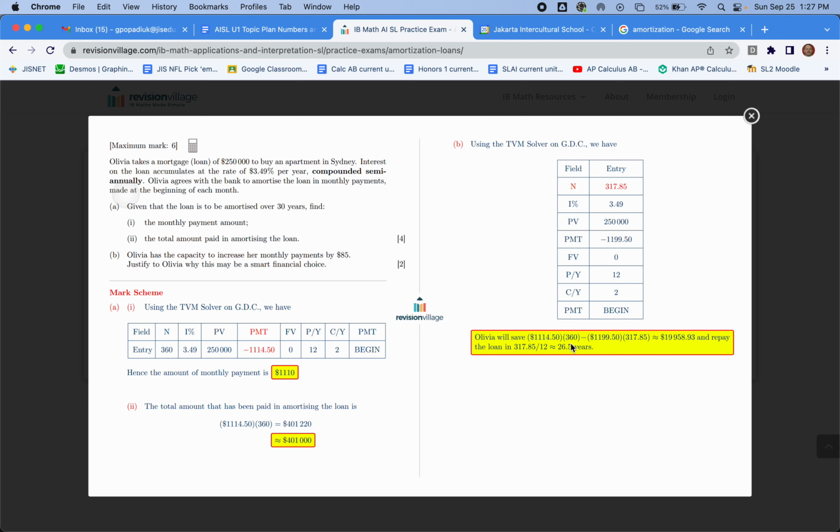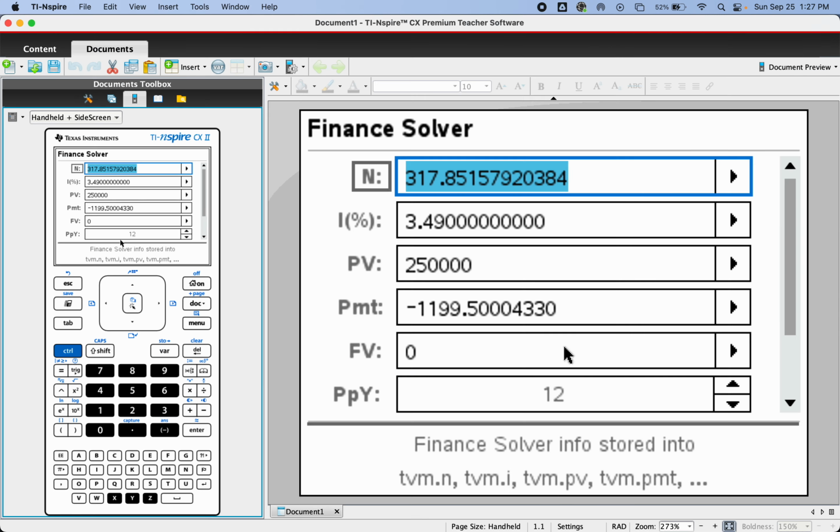We took the original amount multiplied by 360, and the amount monthly increased by 85 multiplied by fewer months. So she paid almost $20,000 less, and she got the loan paid down about 3.5 years sooner.